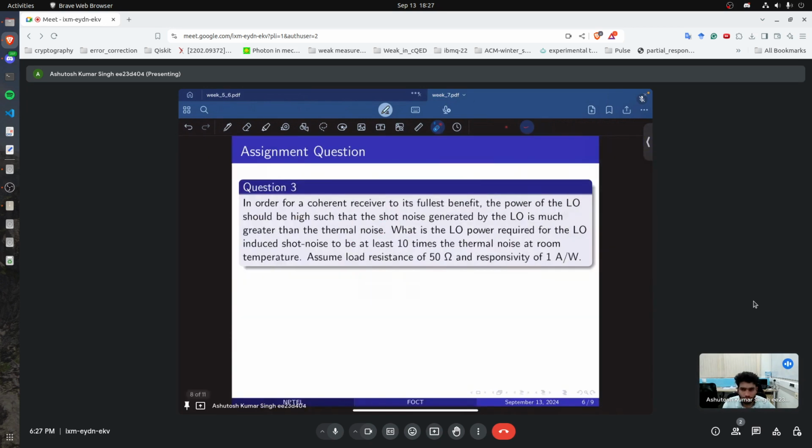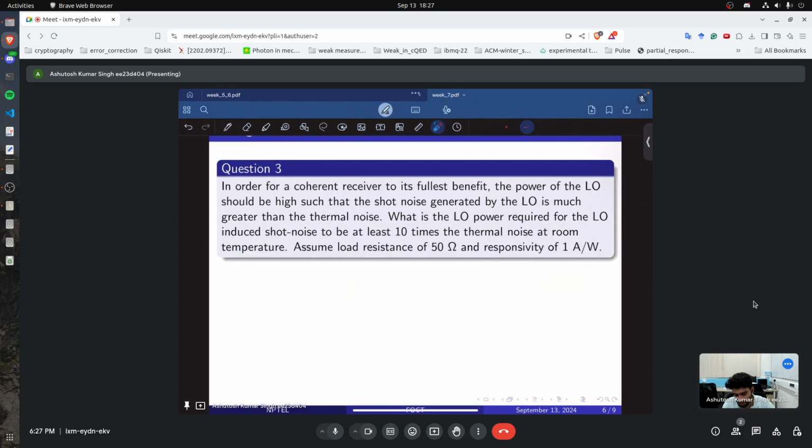Now we will look at some of the assignment questions. In this question, in order for the coherent receiver to give its fullest benefit, the power of the LO, the local oscillator, should be high such that the shot noise generated by the LO is much greater than the thermal noise. If you remember the curve that was like this, and one was here.